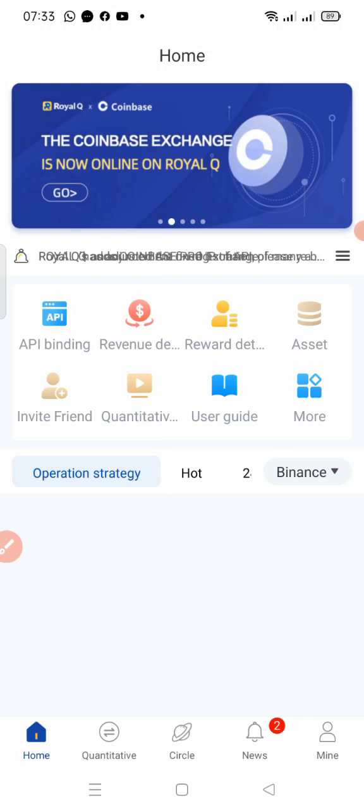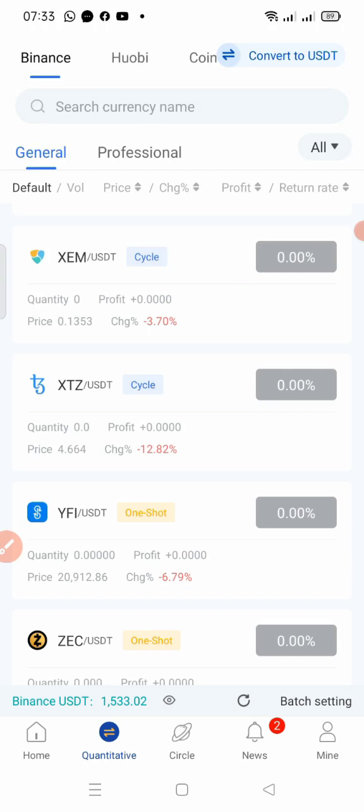Remember this: observe the performance of the XTZ. Once the change percentage gets to 3%, you quickly change it to one shot, so that when it sells off, it releases your money and you go back, look for the next least performing coin, and you go on.